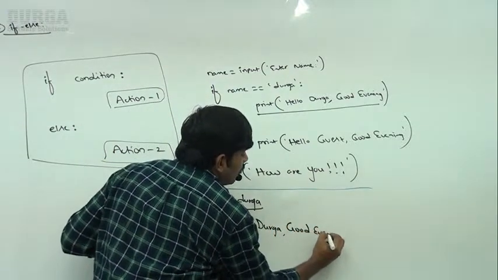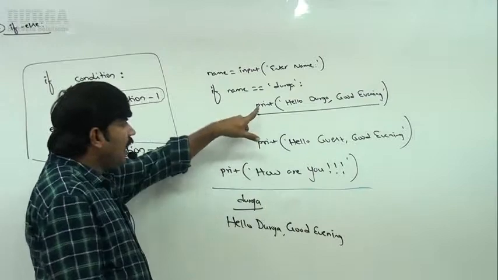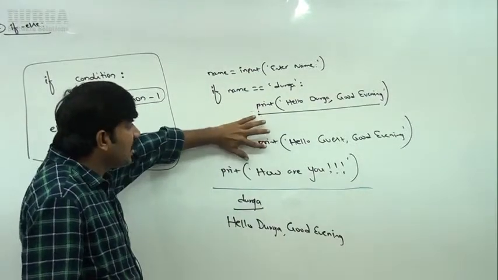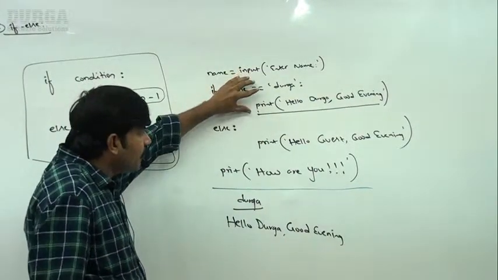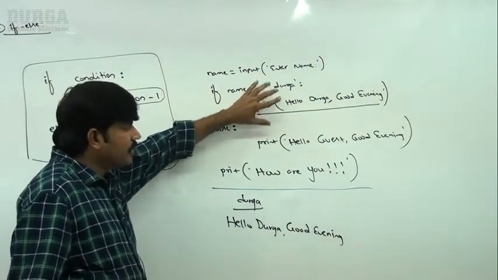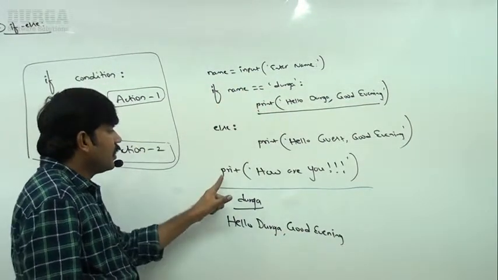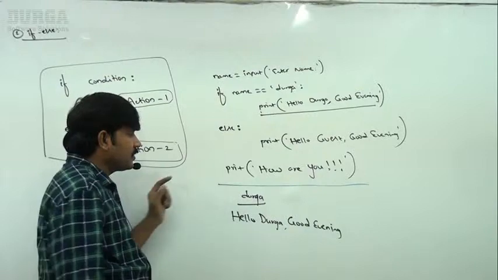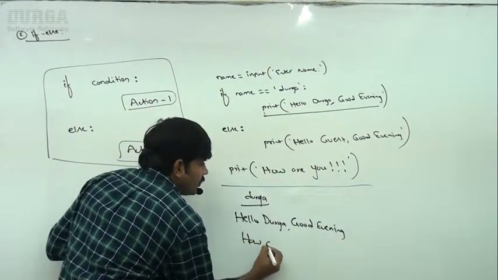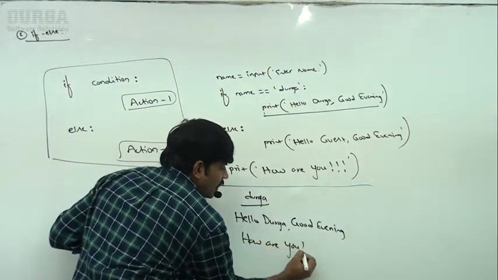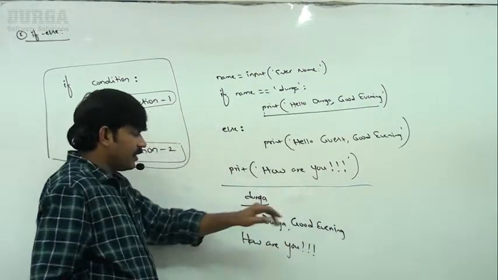After this, else is not going to execute. Either the if part or the else part. If the if part already executed, else is not going to execute. The remaining statement, how are you, we are going to get. That's all.